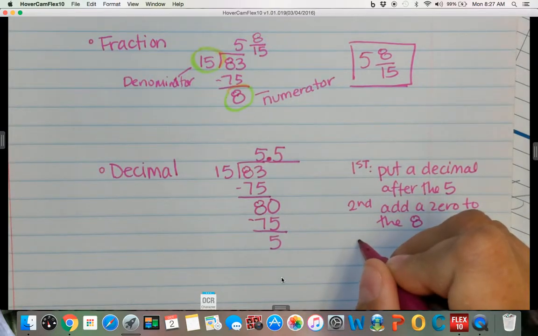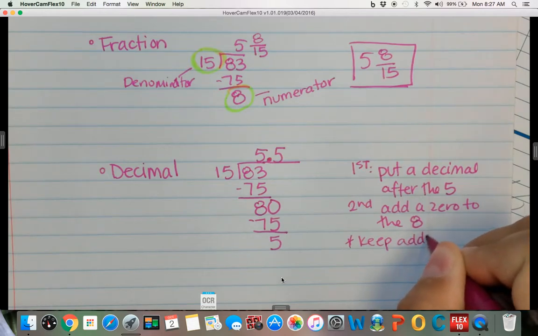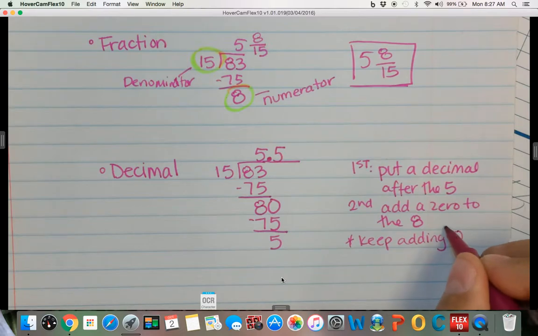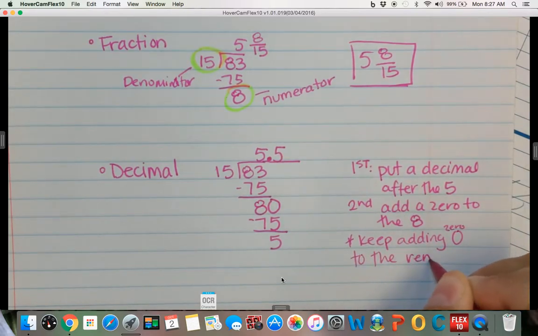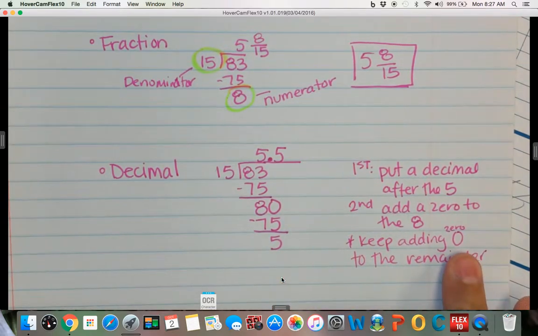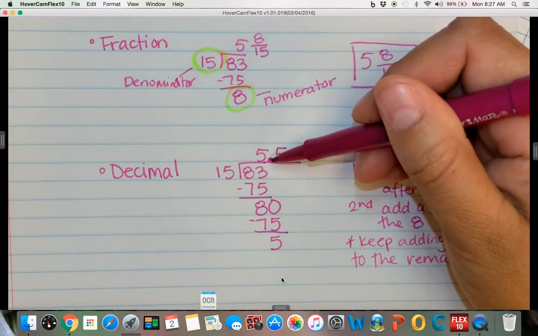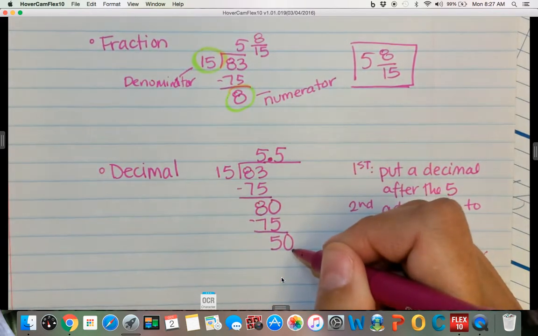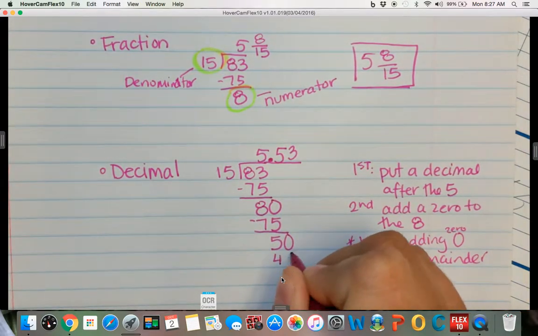And then I can keep adding 0 to the remainder. As long as there's a remainder, I can keep adding 0 to it because I have this decimal here. This decimal allows me to do that. 15 into 50 goes 3 times, 45.